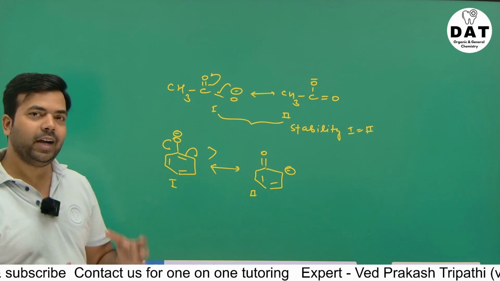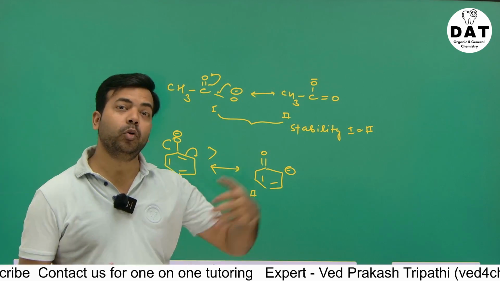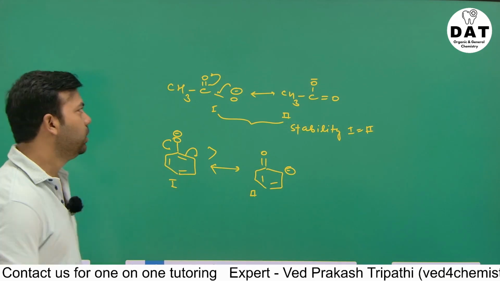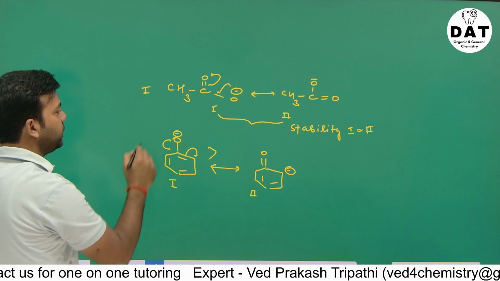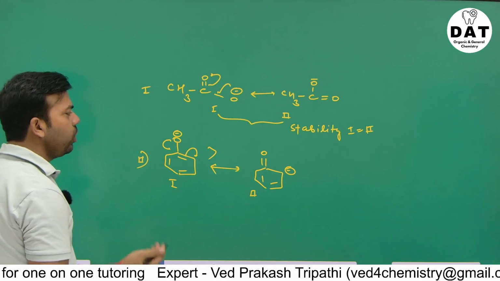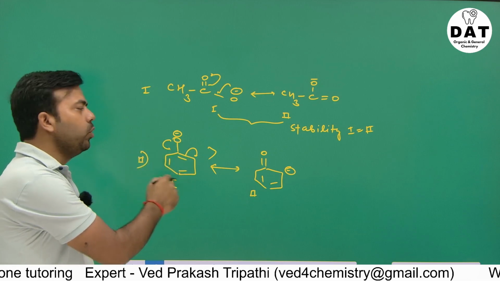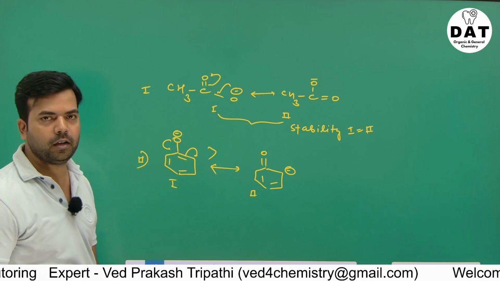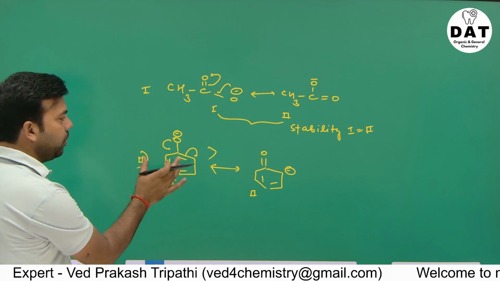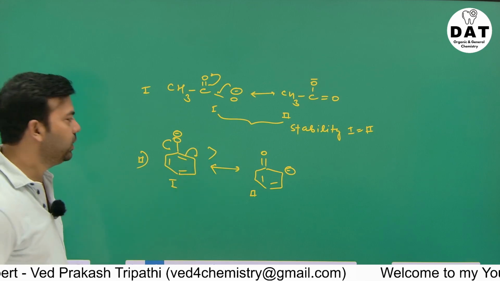Clear? So identical resonance structures are more stable than non-identical. Suppose we are going to compare the first and second stability. Most people say this will form more resonance structures, so more stability. No. If you have the same type of compound, then you can compare like that.